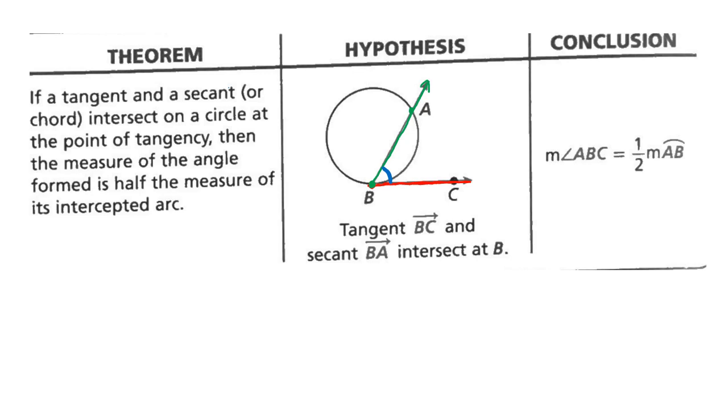If this was an arc of say 80 degrees, then this angle is half of it, which would be 40 degrees. Just like an inscribed angle. This is an inscribed angle, they're just not calling it that.